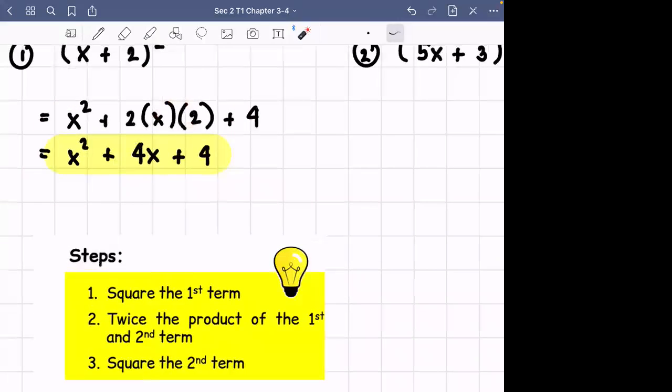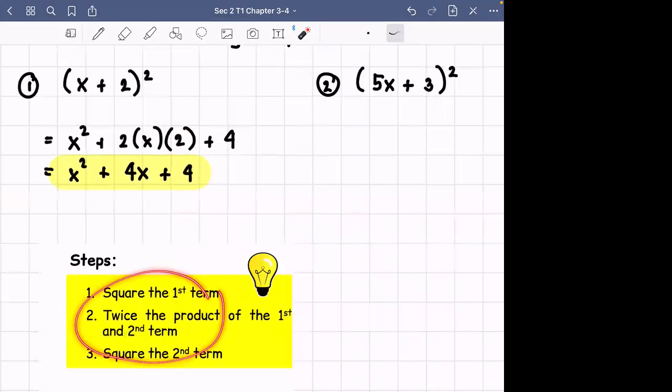In the short method, you need to remember these steps right here. Again, x is your first term and 2 is your second term. There are only 2 terms, first and second. The first step is to square the first term. The second step, the one you guys are asking about, is that it's always twice.